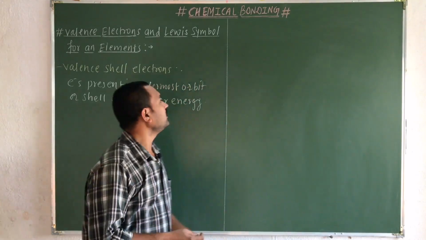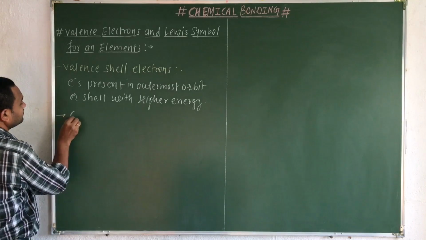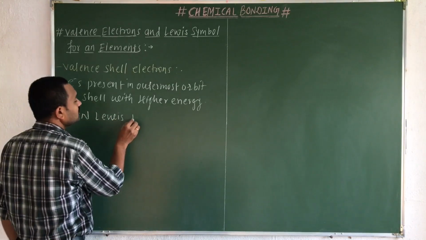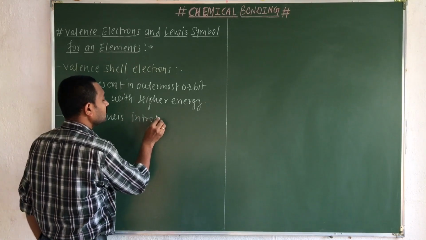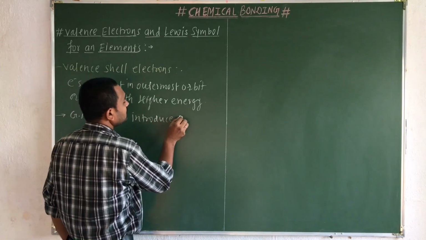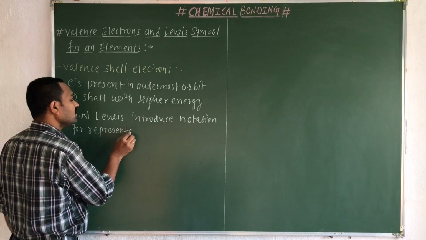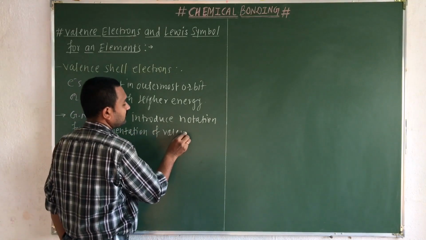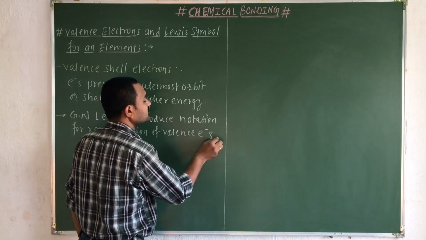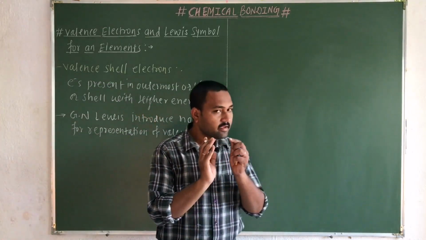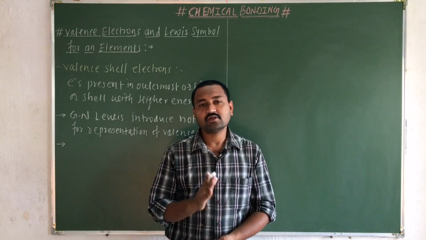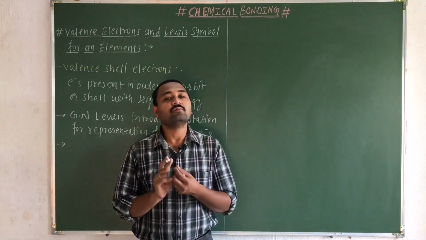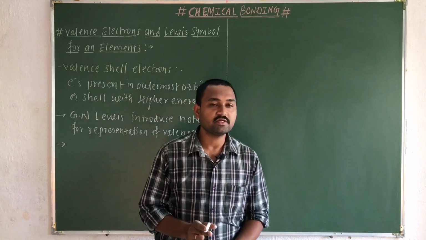J.N. Lewis introduced the notation for the representation of valence electrons. Okay, valence electrons that are present in the atom. J.N. Lewis introduced the notation, and that notation is generally used to show the number of valence electrons present in an atom.